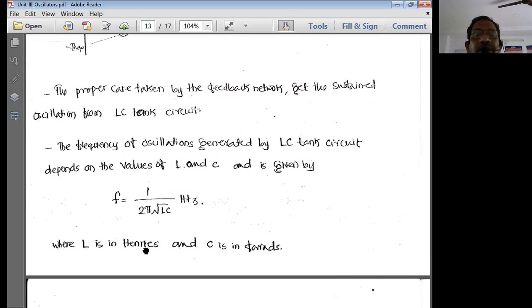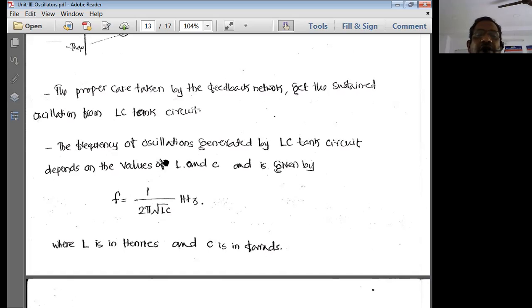Now another important point is you should remember this formula for the frequency of oscillations of an LC circuit or LC oscillator circuit. The frequency of oscillations generated by an LC tank circuit depends on the values of this L and C, which is governed by the formula F is equal to 1 by 2 pi under root LC Hertz.